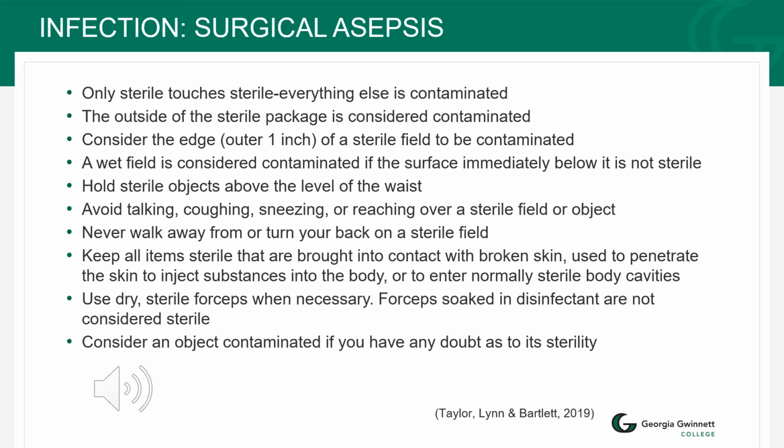If you have accidentally soiled or made your sterile field wet, that is then contaminated. Sterile objects that are held below the waist level are contaminated. In order to keep with that surgical asepsis, the sterile object needs to be at waist level or above. This is pretty obvious.